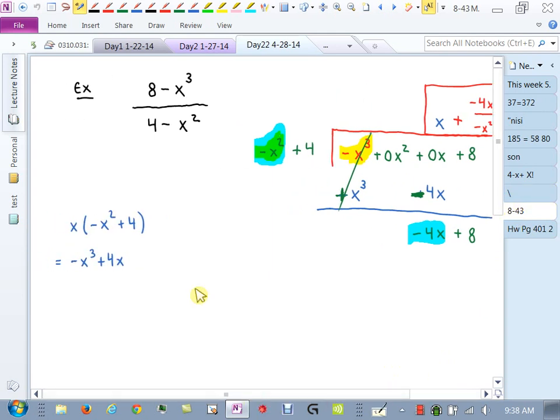Okay, well, this one's a little different. How about this one? I'm doing a binomial divided by a binomial. What's the degree of the binomial on the bottom? 2, right? Degree 2.